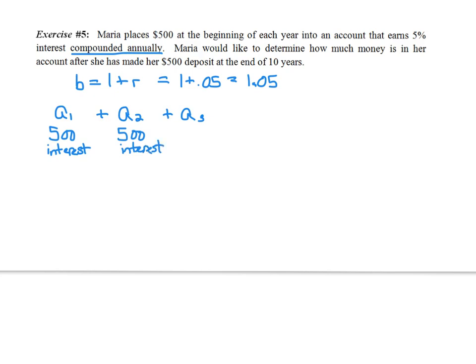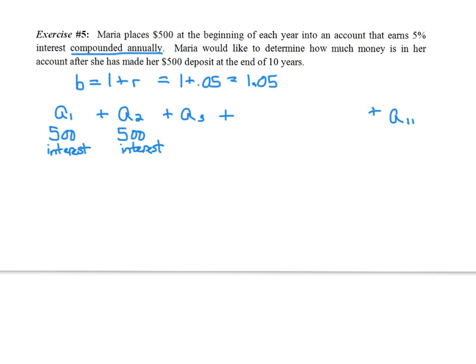So what we're going to do is figure out how much money she's going to have at the end of 10 years. But what ends up happening is she's gone to 11 different deposits because she entered money at the beginning of the first year and then she entered again at the end of 10 years.